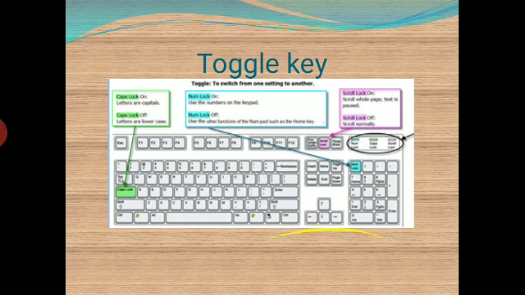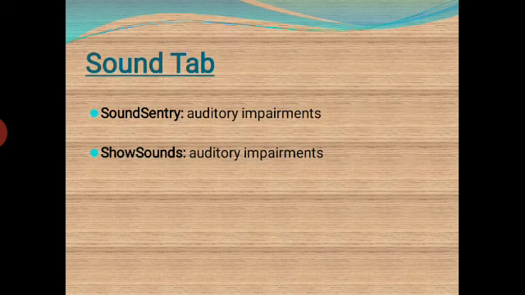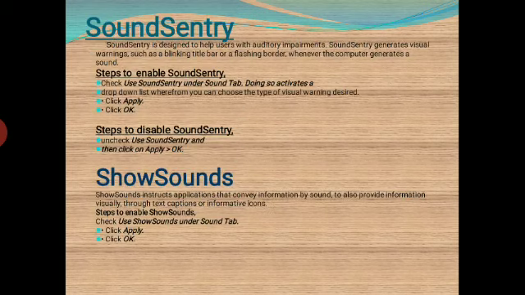And another one is the sound accessibility option. In this accessibility option, we have sound sentry and show sound. Both the options are used for persons with auditory impairment.